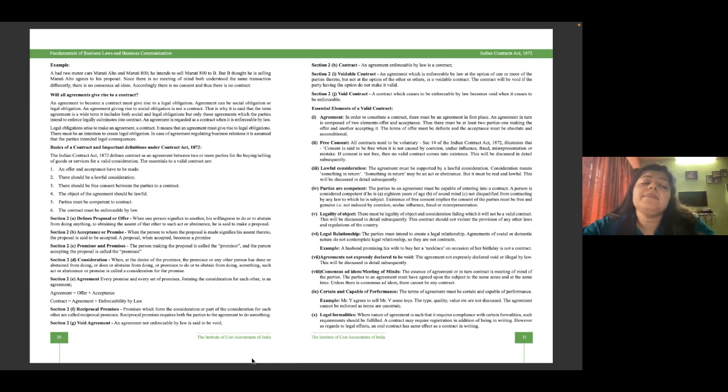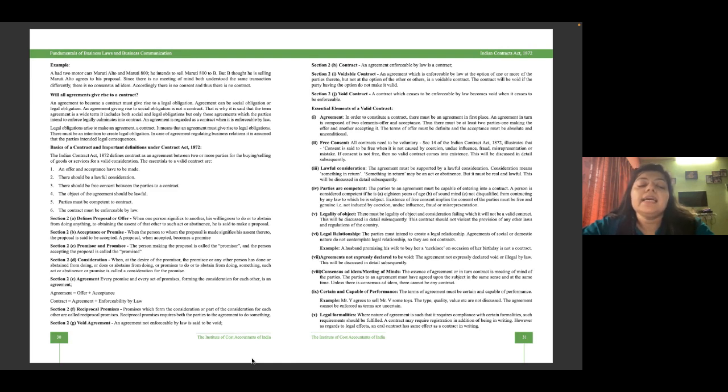This has synonymously been used with the terms promiser and promisee. So the person who's making the proposal is called the promiser, whereas the person to whom the proposal is made and who is going to accept it is the promisee.